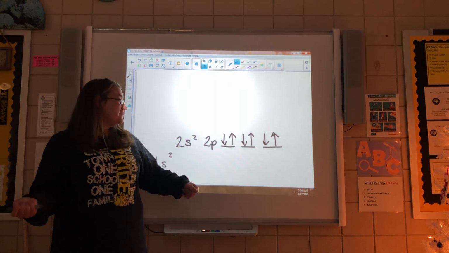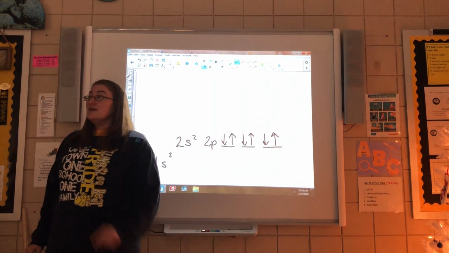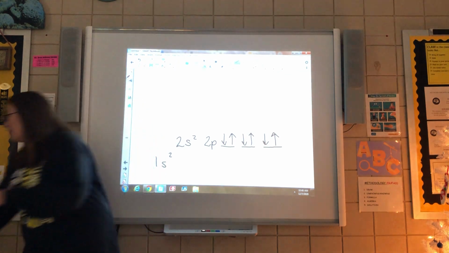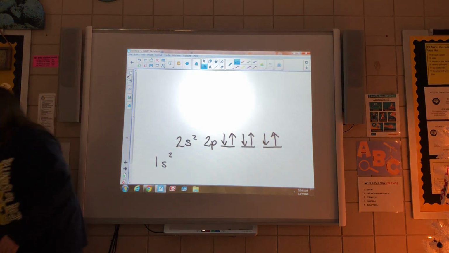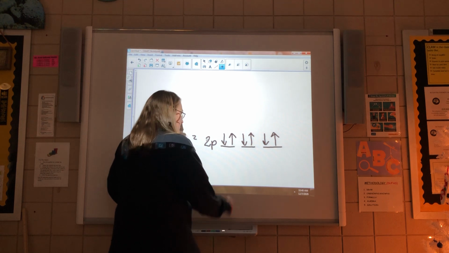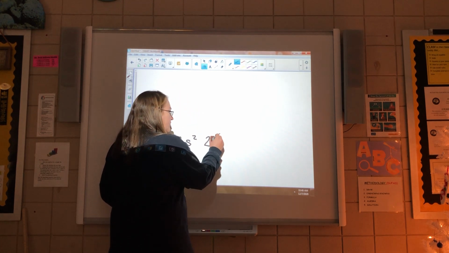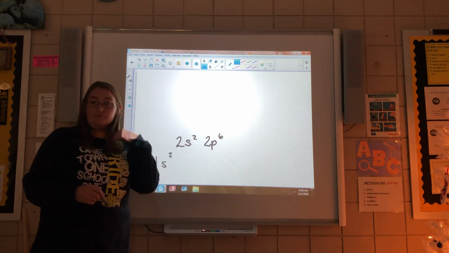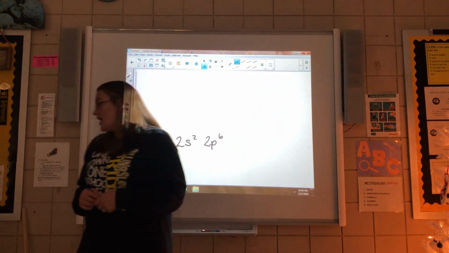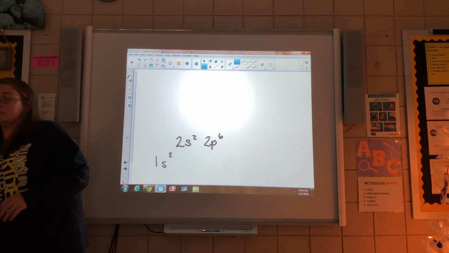How many people can fit in a party room? 6. Once she has filled that up in her diagram, she's going to take away these arrows. Now she knows she has 6 people in the party room. And that's all she has on the second floor.